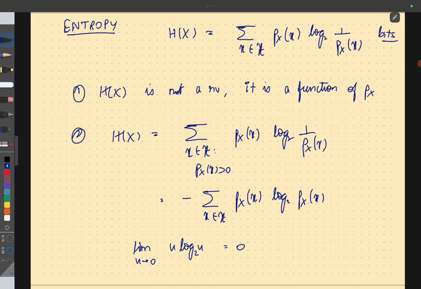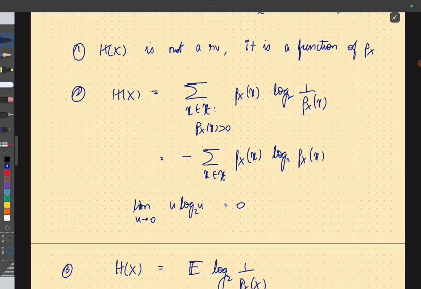Again, a few points that I made: although we're using the notation h of x, it's not really a function of the random variable, but rather a function of the distribution. And you have to be careful about what happens when the probabilities are equal to 0. That needs to be handled a little bit delicately, which is not so much of a problem when it comes to discrete sources, but when we eventually go to continuous sources, that point will become important.